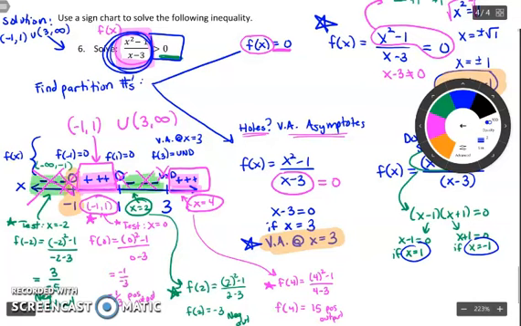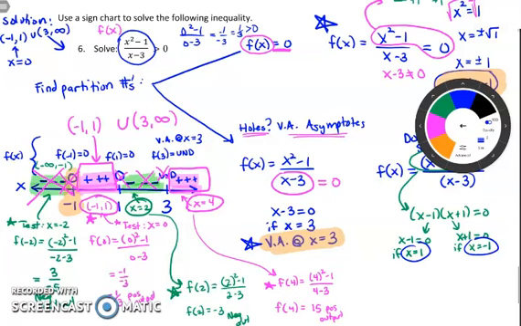You can pick x equals 0. Plug that into that rational expression. When you do that, you're going to get 0 squared minus 1 over 0 minus 3. That's going to be a -1 over a -3. That's 1/3, and 1/3 is greater than 0. You could pick a whole bunch, right? There's an infinite number of solutions as long as the solution is in one of those intervals.